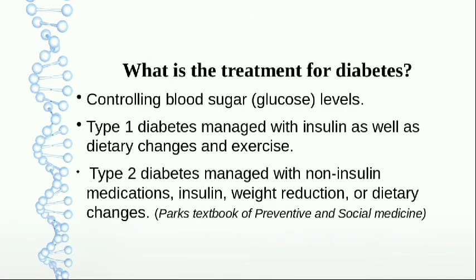What is the treatment for diabetes? Controlling blood sugar levels. Type 1 diabetes is managed with insulin as well as dietary changes and exercise. And type 2 diabetes is managed with non-insulin medications, insulin, weight reduction or dietary changes.